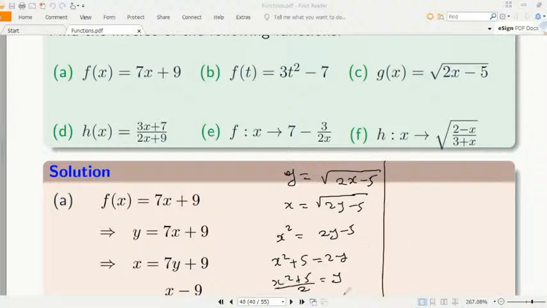So where there is y, write the inverse. Therefore, g inverse of x is x squared plus 5 over 2. That is how we find the inverse of a function.